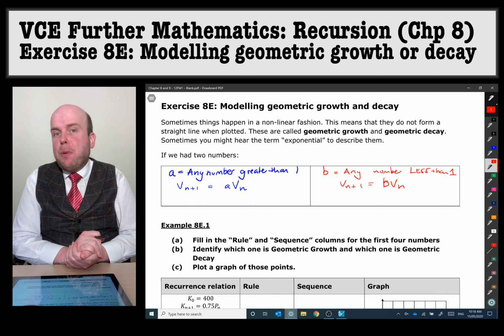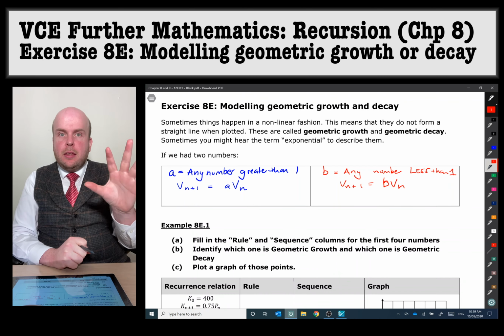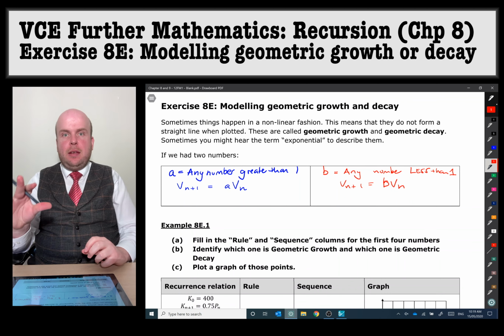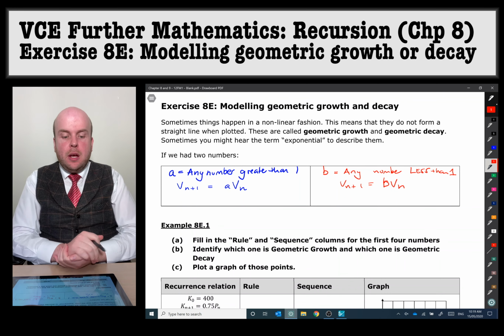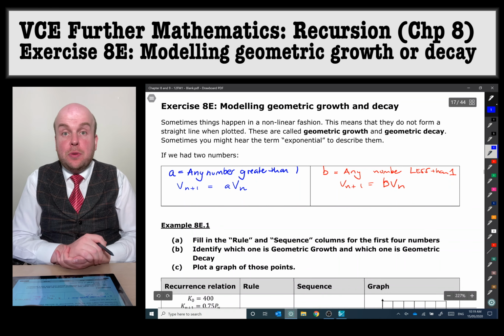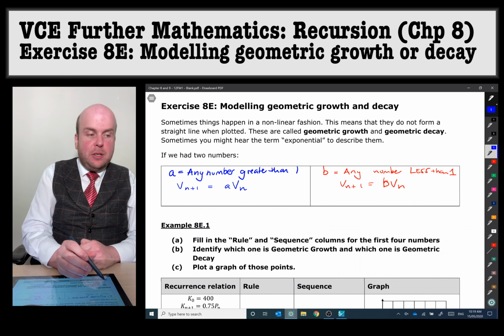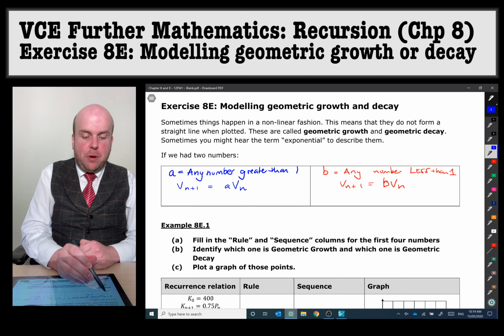So let's consider two possible scenarios. I've got two numbers. One number is greater than 1, one number is less than 1. What happens? Well, if it's a number A that is greater than 1, and I use this recurrence relation, Vn plus 1 is equal to A times Vn, this will create geometric growth.